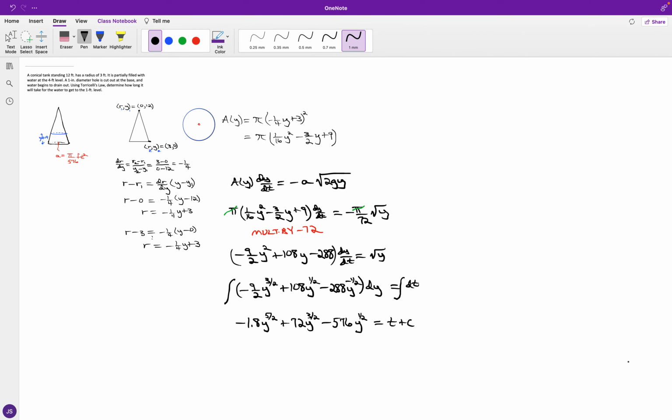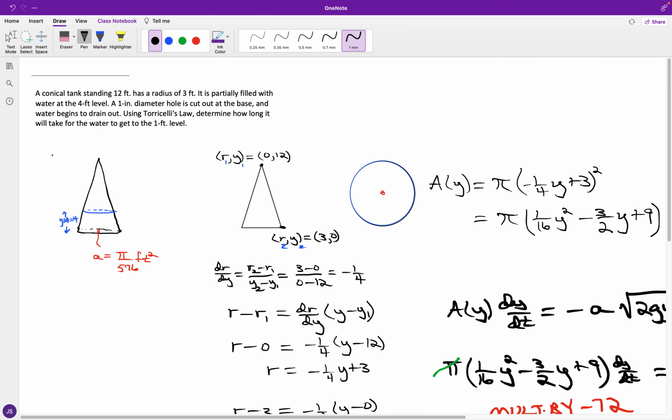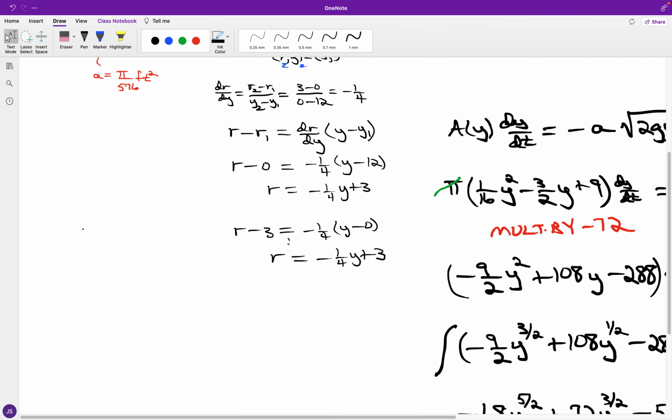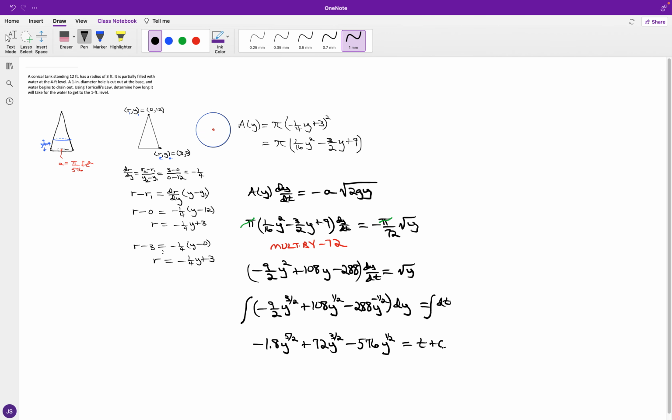And once again, for the initial level, you have y naught is equal to 4. So whenever t is at 0, the constant is going to be the result of what we have on the left-hand side as we plug in 4 for y.